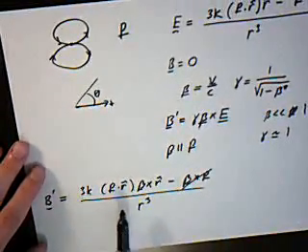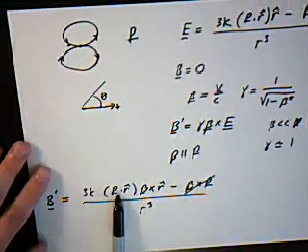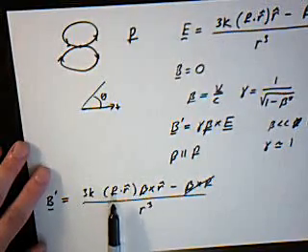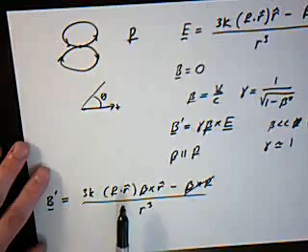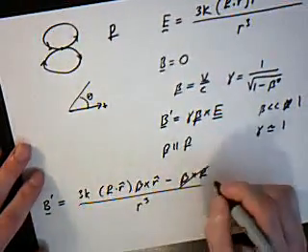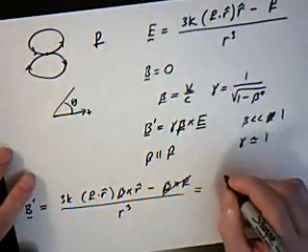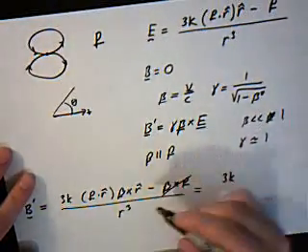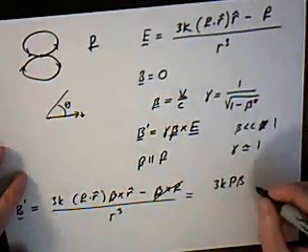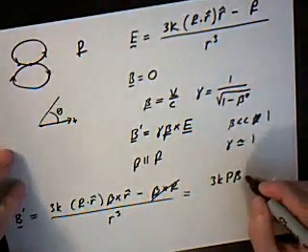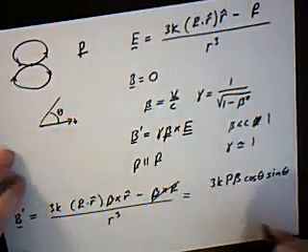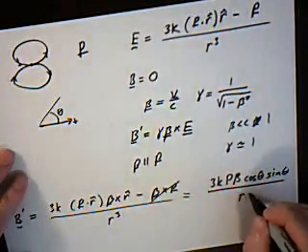Likewise, this dot product here becomes just the magnitude of the dipole moment cosine theta. And so if I do that, I get 3k, magnitude of dipole moment, magnitude of beta, and then cosine theta, sine theta, and then all of that over r cubed.